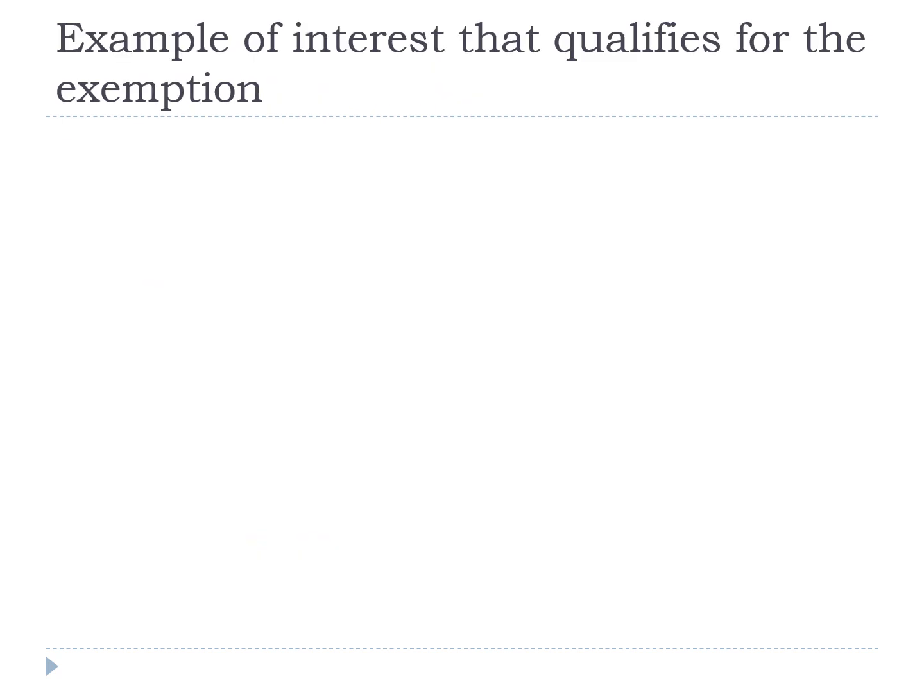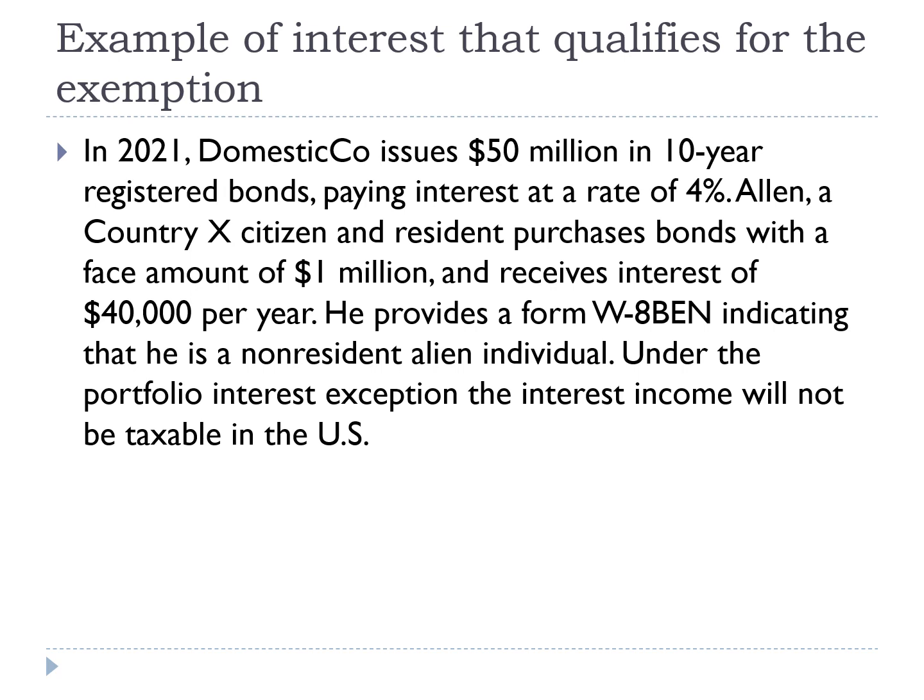Here's an example of interest on a registered obligation that qualifies for the exemption. In 2021, Domestico issues $50 million in 10-year registered bonds, paying interest at a rate of 4%. Alan, a country X citizen and resident, purchases bonds with a face amount of $1 million and receives interest of $40,000 per year.